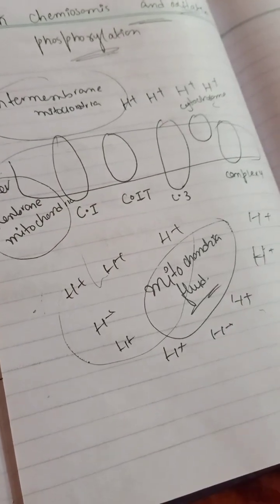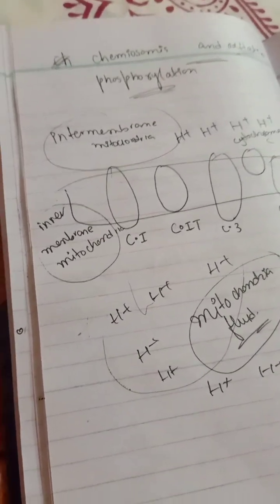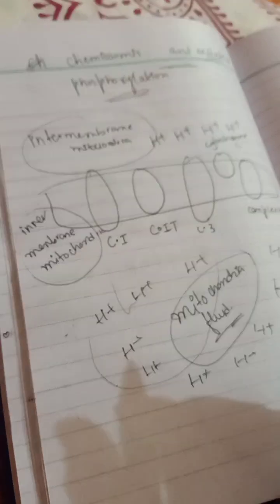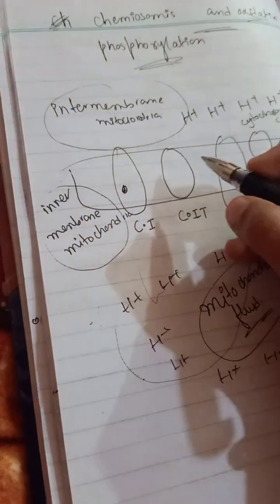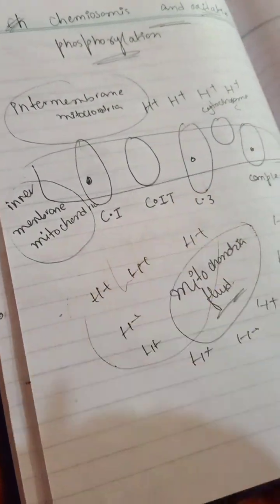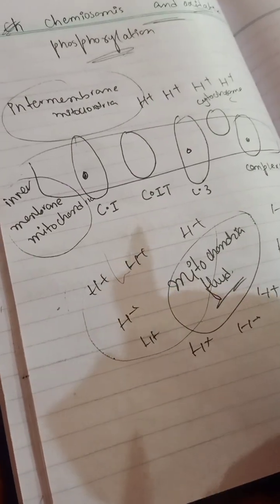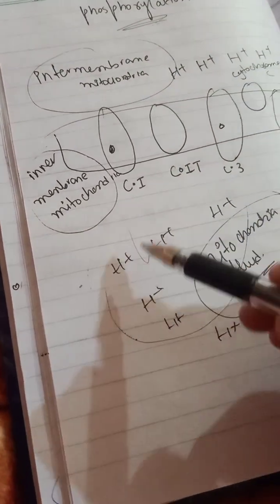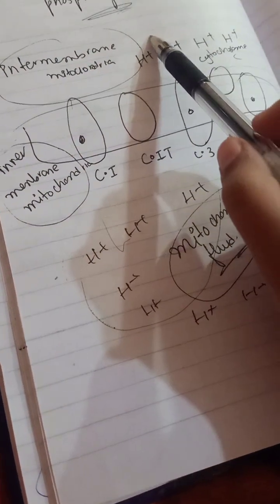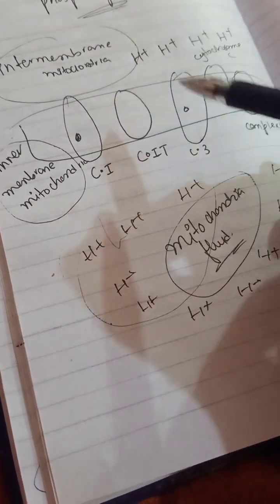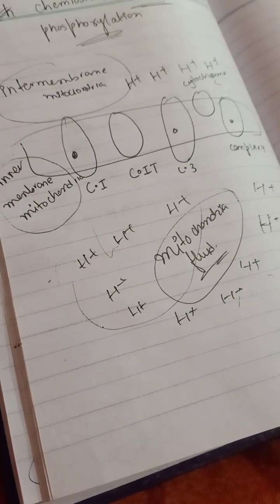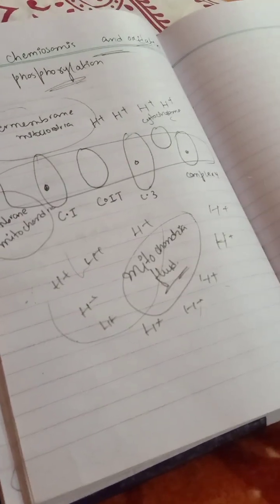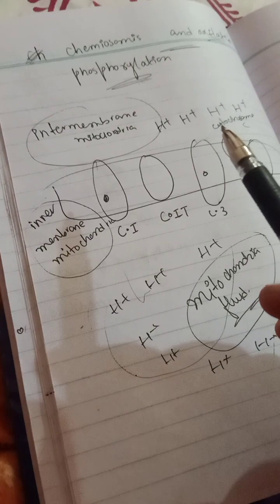We have three sites where the hydrogen is pumped: the first one, the third one, and the fourth one. Now the hydrogen has moved into the intermembrane space, so the intermembrane space has more concentration of hydrogen protons, and the matrix has less.